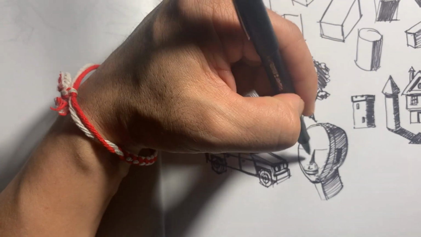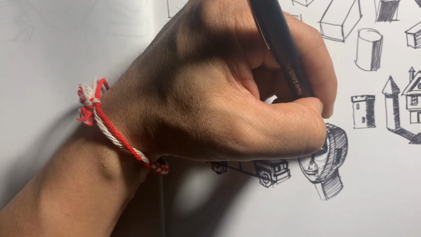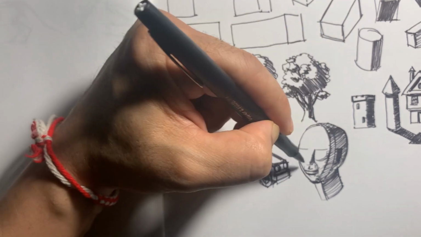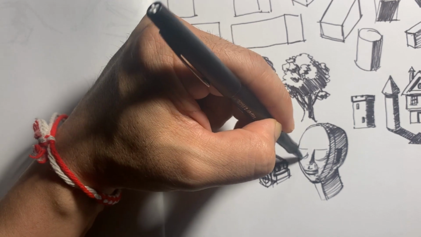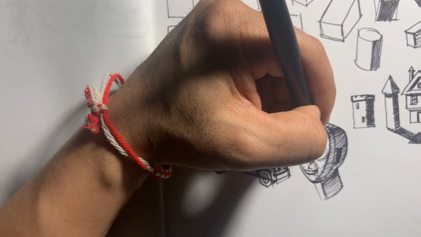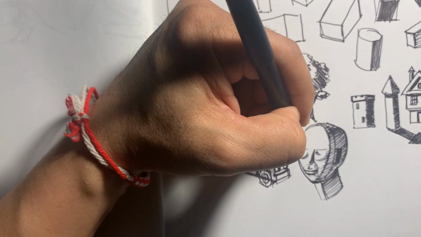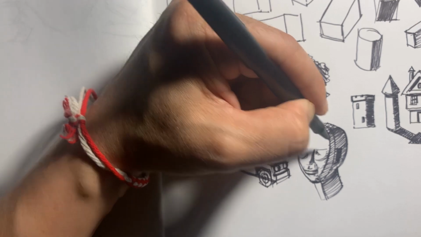For the cheekbones, they're kind of spherical. They can be. Just draw some spheres here. And then dig out the eye socket area.